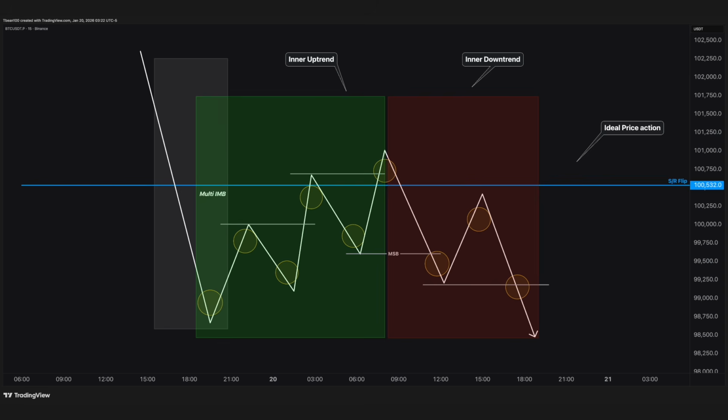So the uptrend turns back into a downtrend again, following the general price action. And after that, price crashes toward ideal targets like the previous day's low or the week's low. So what you see here is the ideal and most optimal price action that we want to see. But unfortunately, this does not happen every single day.